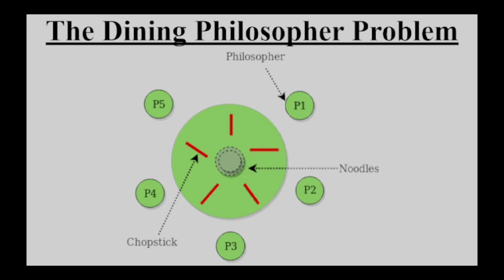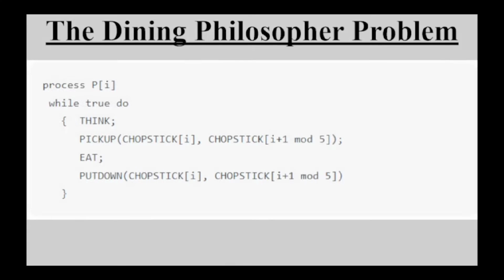To solve this problem, we have to use the semaphore solution to the dining philosopher. Each philosopher is represented by the following pseudocode. Here we have the pseudocode, where the process P[i] is the philosopher, and the bracket i is an array.